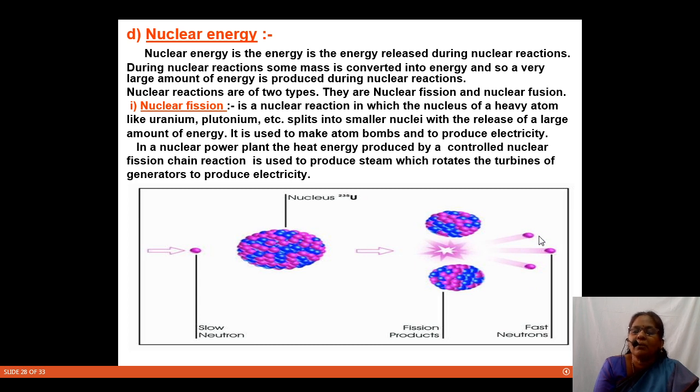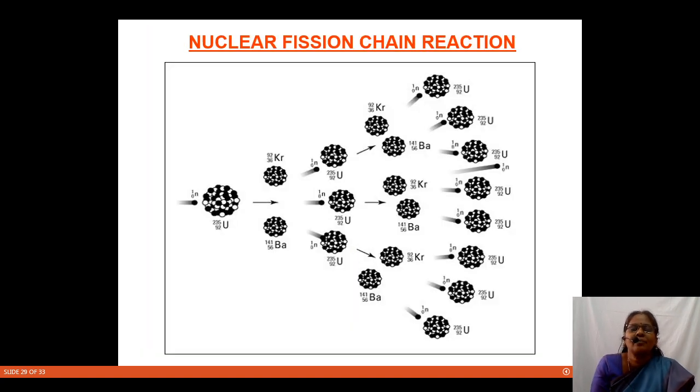So the three neutrons we can call fast moving neutrons. Again this fast moving neutron we have to slow down to bombard another uranium nucleus. Now you see, one uranium giving three neutrons.